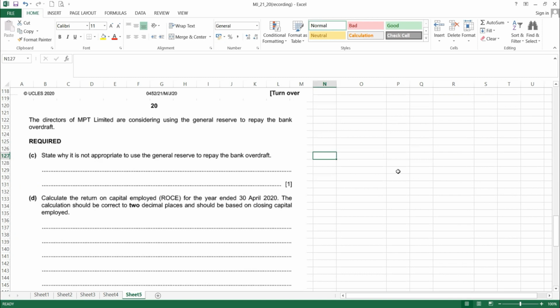Sometimes the profit for the year in our income statement is not equal to cash in bank. Why?